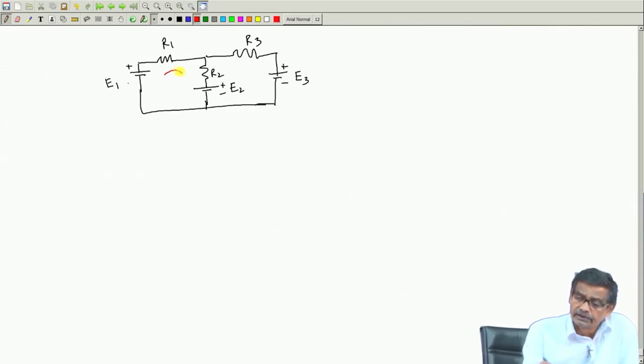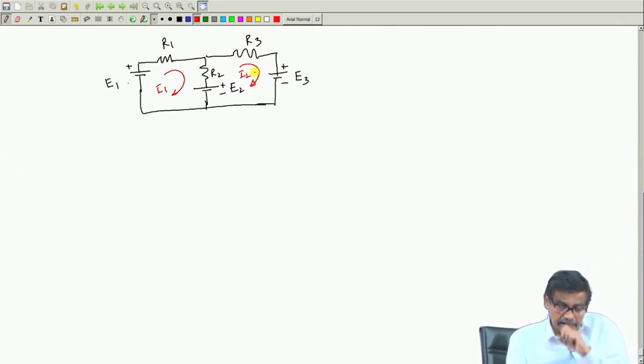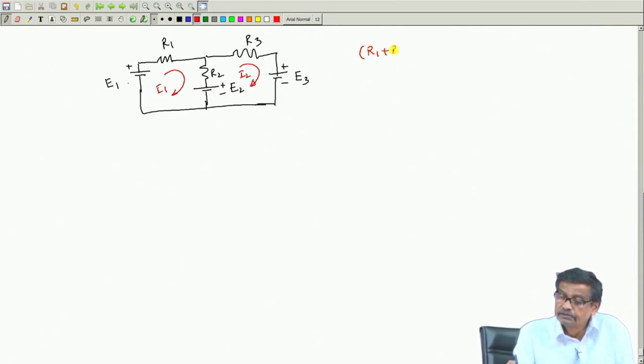The steps were like this. There are two meshes, and you assign the mesh currents, which are the unknowns. Writing the KVL equation in mesh 1, the coefficient of I1 is R1 plus R2, into I1. Then the coefficient of I2 is the common resistance, minus R2 into I2.